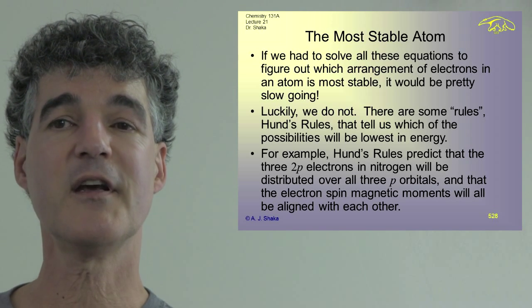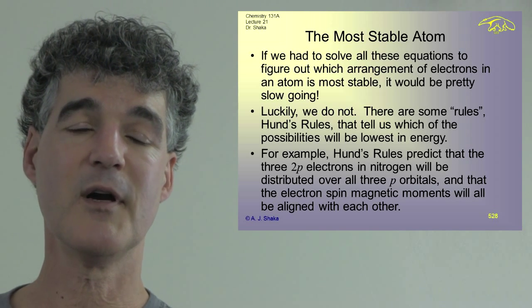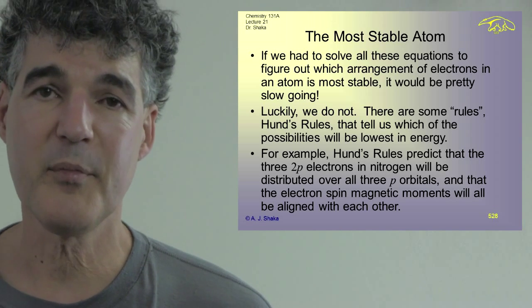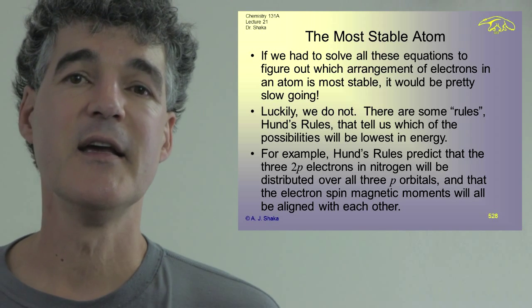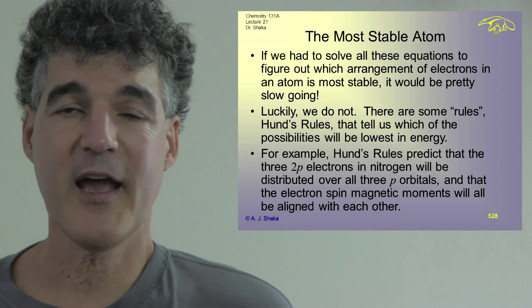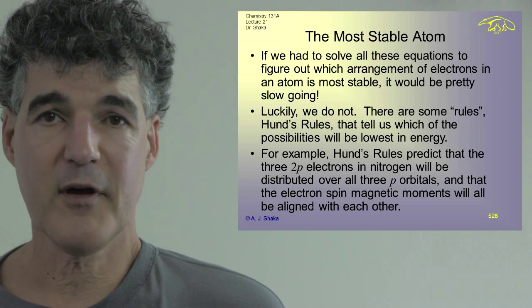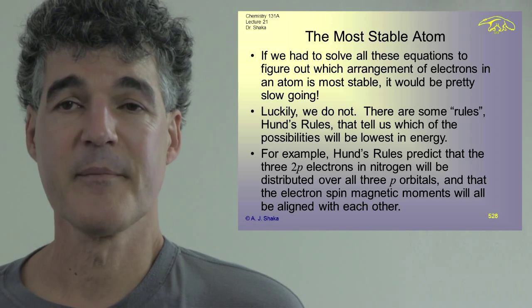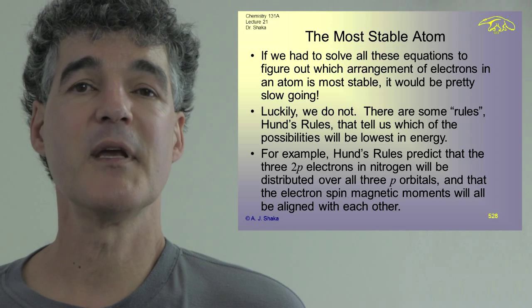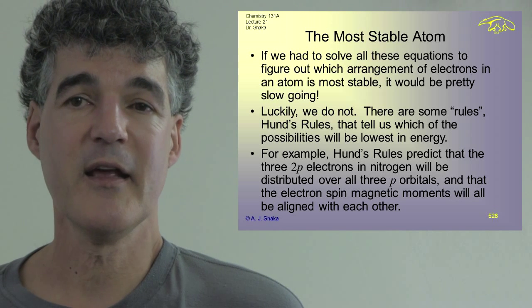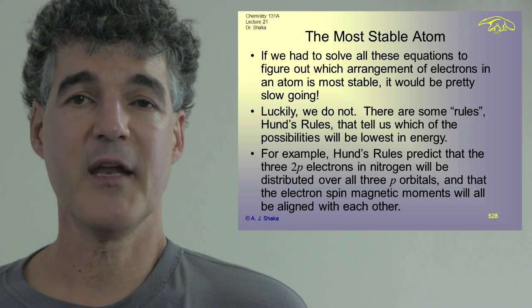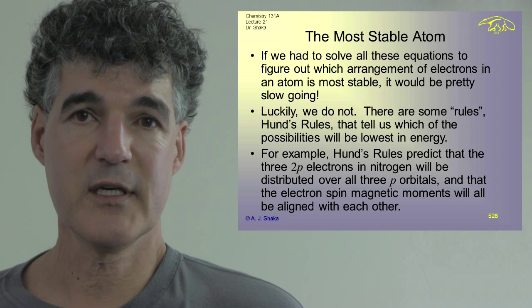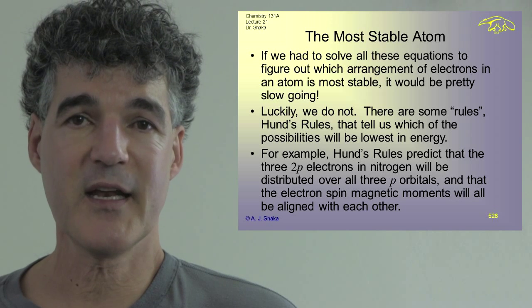Now, if every time we wanted to figure out which configuration of an atom, out of all the possible ones there might be, is the most stable, we had to actually go through and solve all these equations, it would be pretty slow going, that's for sure. But luckily we do not, because there are some rules, and like all rules, they're made to be broken in a way, but most of the time they're quite good, especially for ground state atoms.